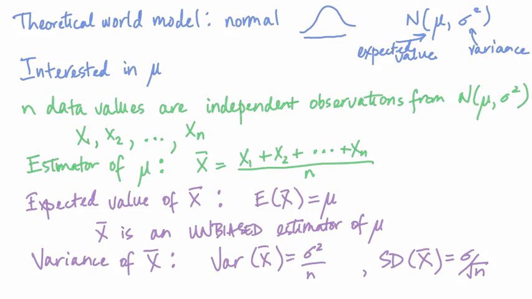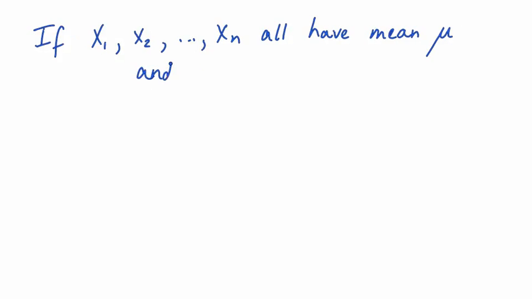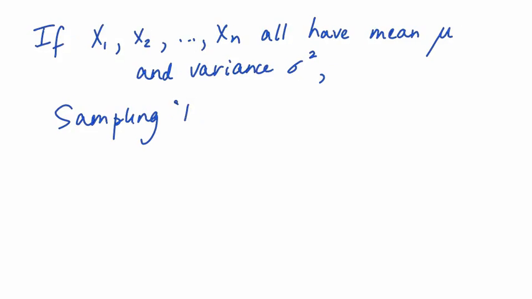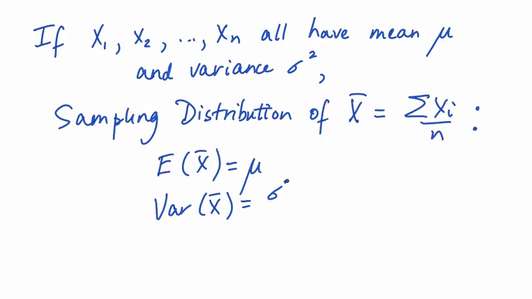What we've just done very quickly is derive two properties of the sampling distribution of x bar, the average of our data, which we're using to estimate mu, the expected value of our distribution in the theoretical world. Given that our theoretical world model is the normal mu sigma squared distribution, then the probability or sampling distribution of x bar has expected value mu and standard deviation sigma over root n.